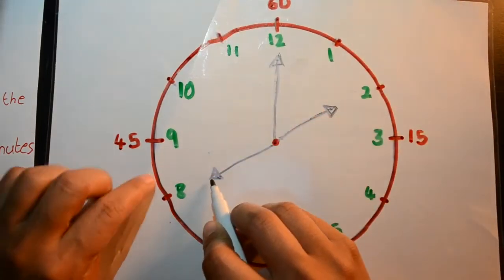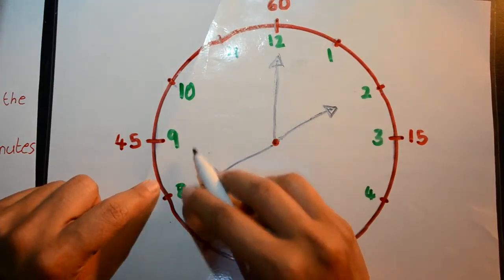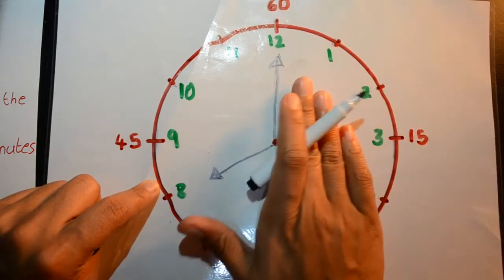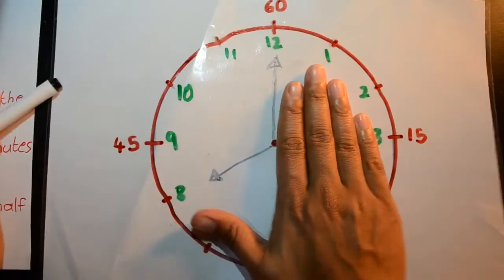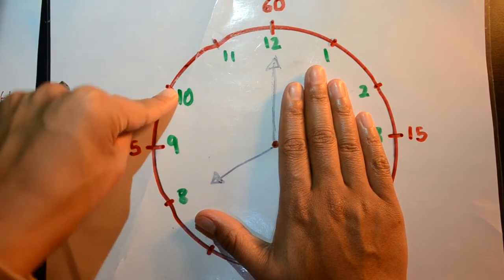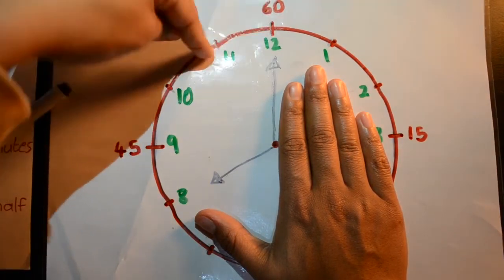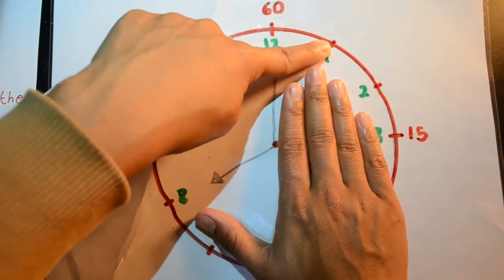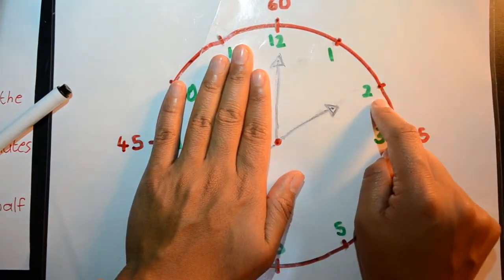So let's count how many hours it took for the short hand to move all the way to 2 o'clock. Okay, so we started, let's say it was 8 o'clock in the morning, and then it moved from 8 o'clock, then it was 9 o'clock, that's 1 hour, 10 o'clock, 2 hours, 11 o'clock, 3 hours, 12 o'clock, 4 hours, 1 o'clock, 5 hours, and then all the way to 2 o'clock, 6 hours.